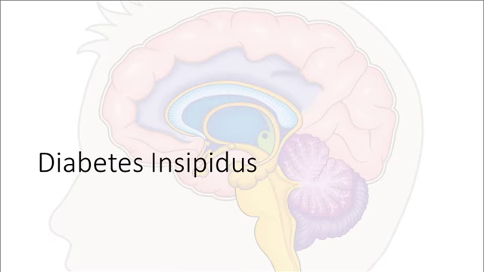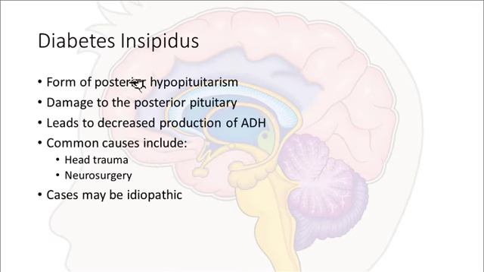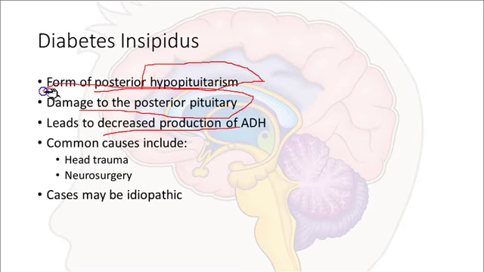The next condition we're going to discuss is diabetes insipidus. It's a form of posterior hypopituitarism, and it results in decreased production of ADH, usually as a result of damage to the posterior pituitary gland. The common causes include head trauma and neurosurgery, but cases may be idiopathic.